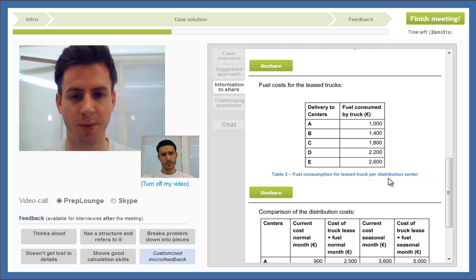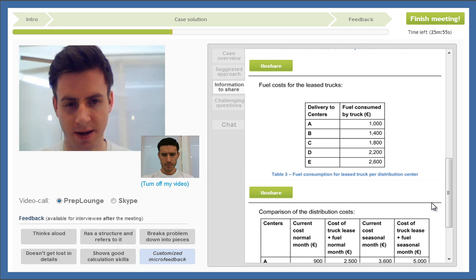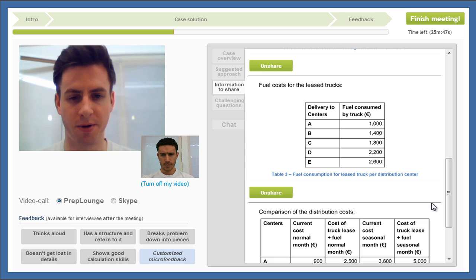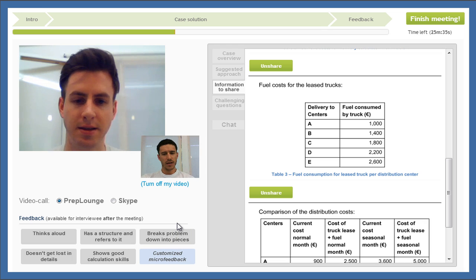What I'd like to know is, can I assume that we can exclude combined deliveries? For example, we could put 300 boxes in a small truck and deliver for a center for 2 months in advance, or we could drive from center A and then to center B and then back in one single trip. Correct. So that's a good idea, actually.